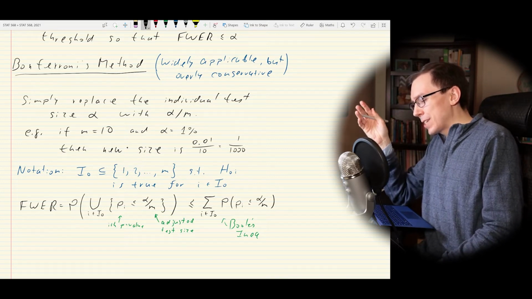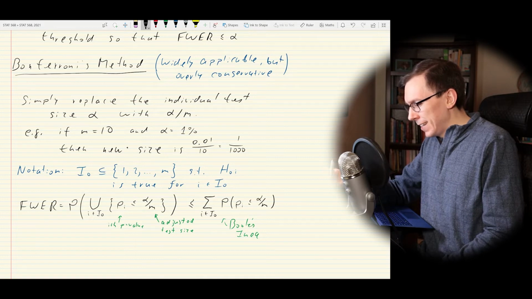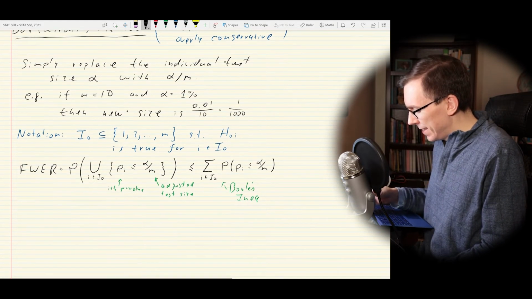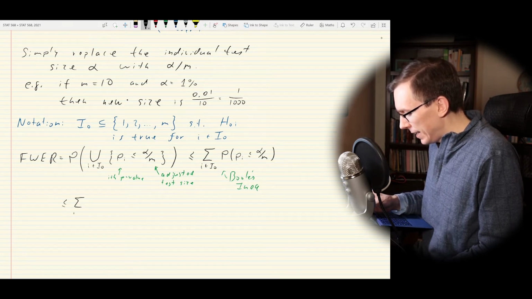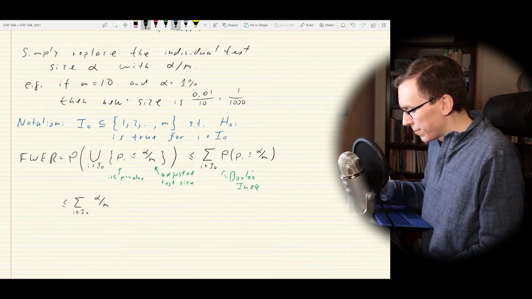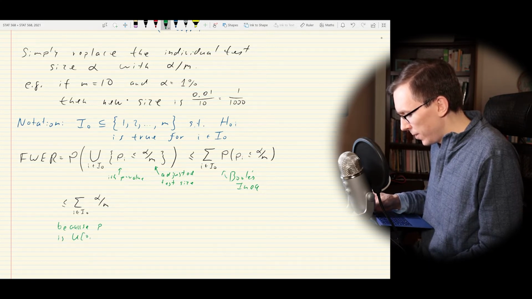But now we're just summing a bunch of probabilities, and what we can get is that this thing now is less than or equal to the sum over i in I naught of just alpha divided by m. And the reason for that is because p is uniform on 0, 1.